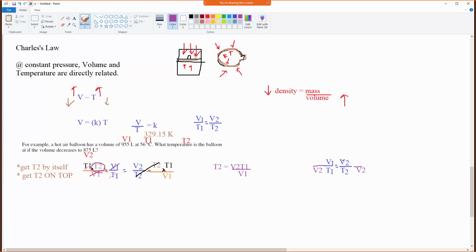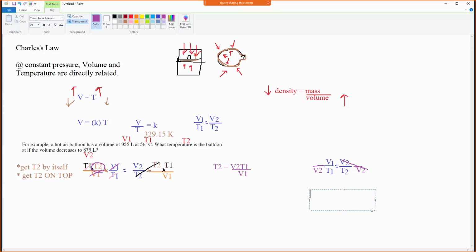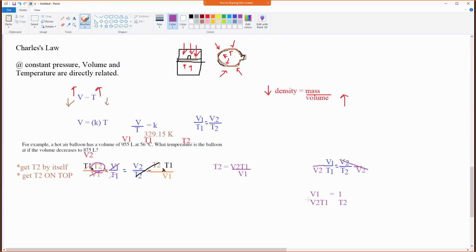That gives me V1 over V2 T1 is equal to 1 divided by T2, right? And then I can observe it's by itself and it's on the bottom, so then I can just flip it.